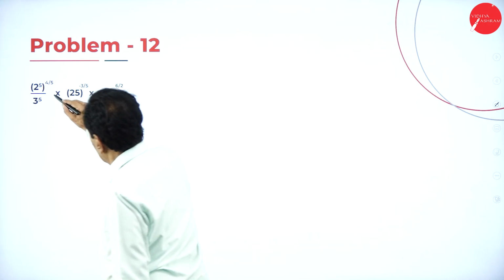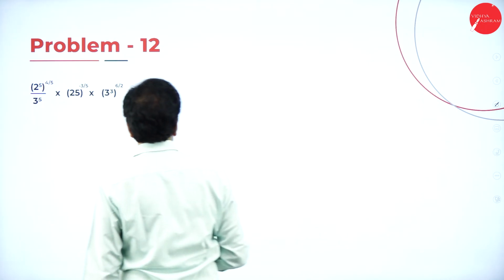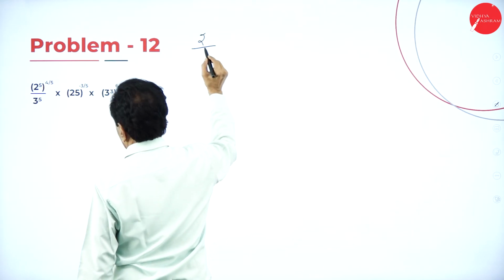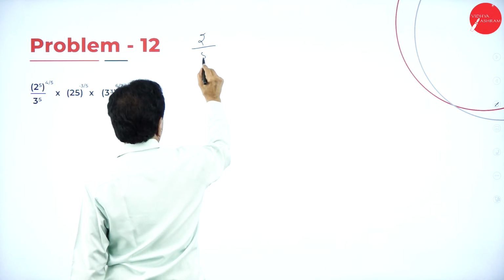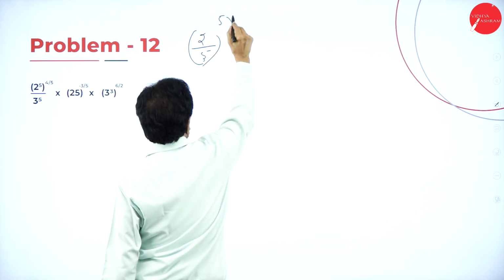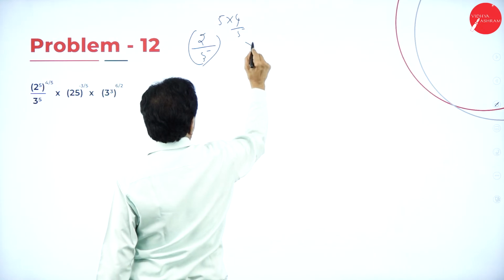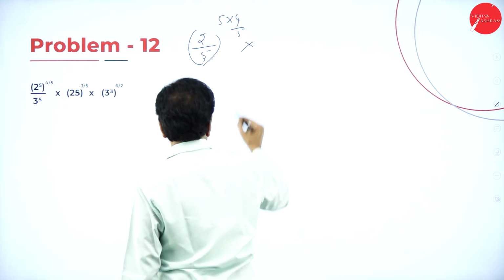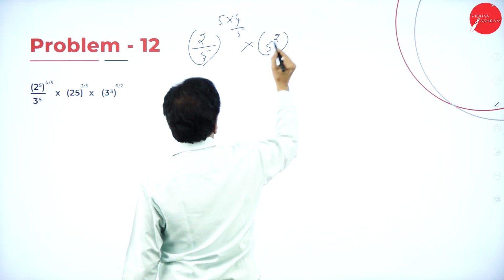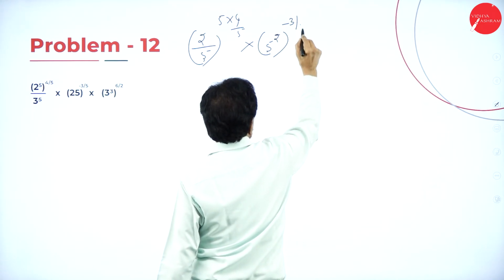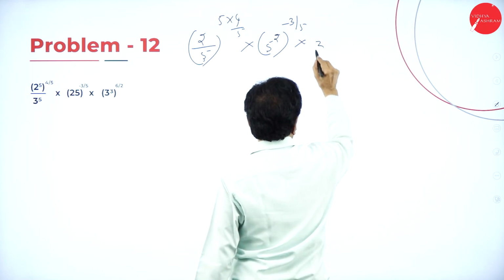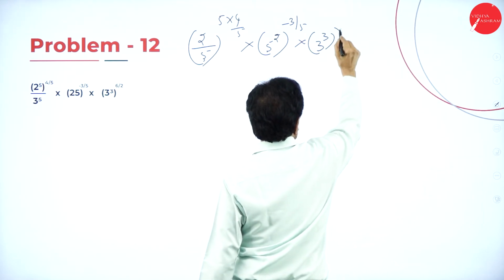This is 2 to the power of 5, 3 to the power of 5. This is 2 divided by 5 to the power of 5 into 4 divided by 5. This is 5 square to the power of minus 3 by 5. This is 3 cube to the power of 6 by 2.